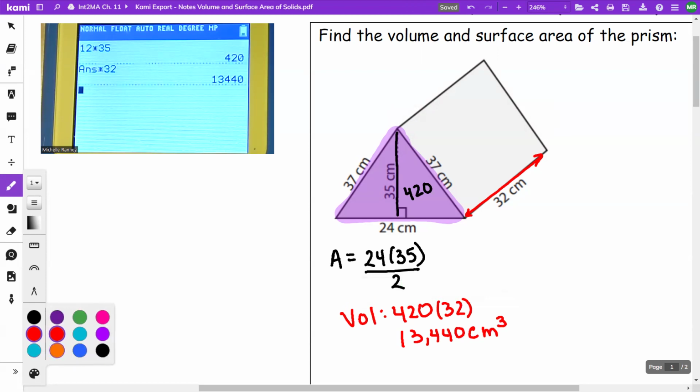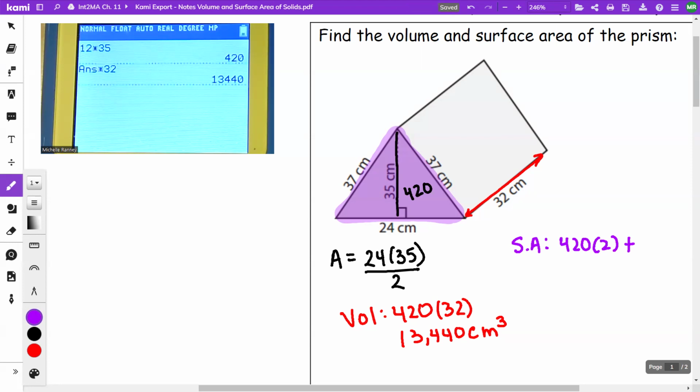Now for my surface area, I already know the area of the triangle in the front. That's going to be 420. I have the same in the back, so I'm going to times that by 2. And then I have 3 rectangles.